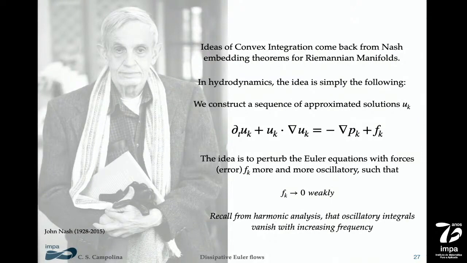And there was an open problem about isometric embeddings, so an embedding which preserves the Riemannian metric. John Nash was able to prove, I think there are two theorems, and the question was exactly whether we can obtain a C1 embedding of a manifold into a Euclidean space of some given dimension, preserving the metric.